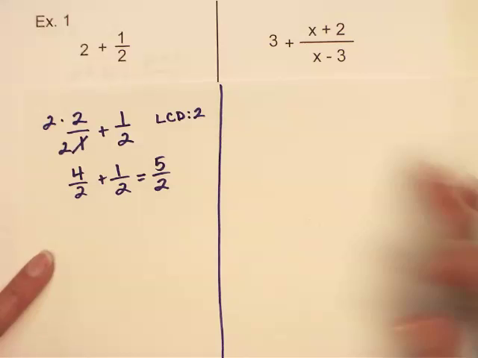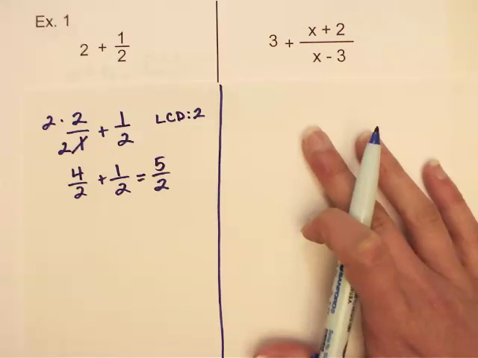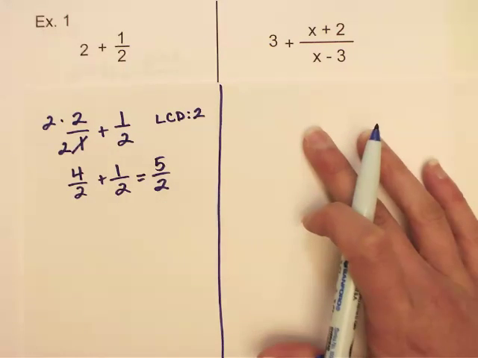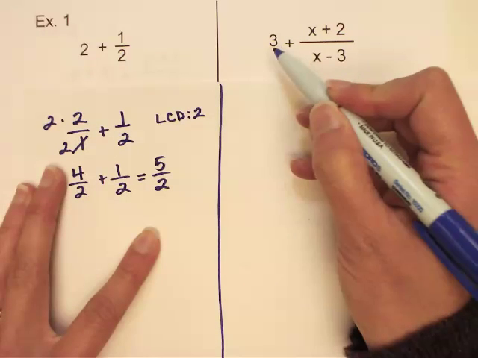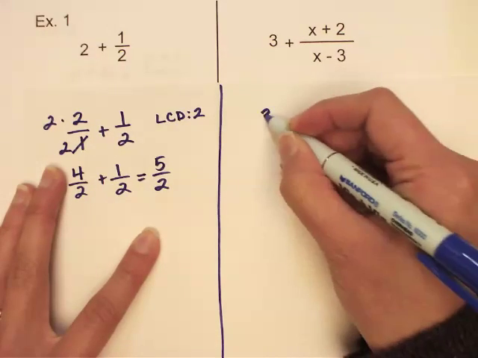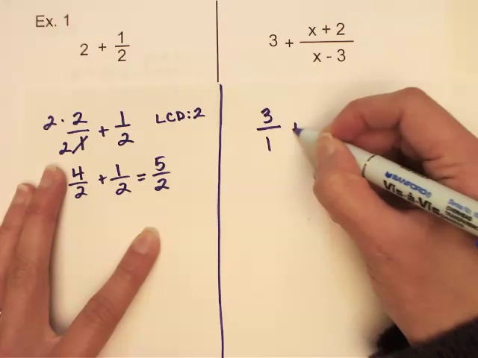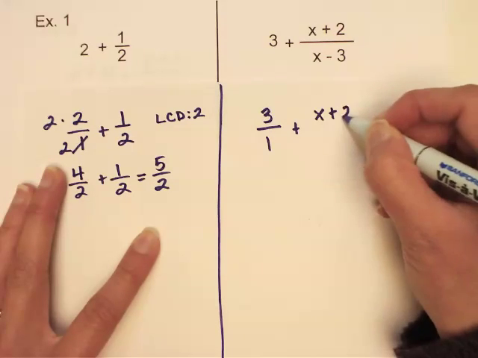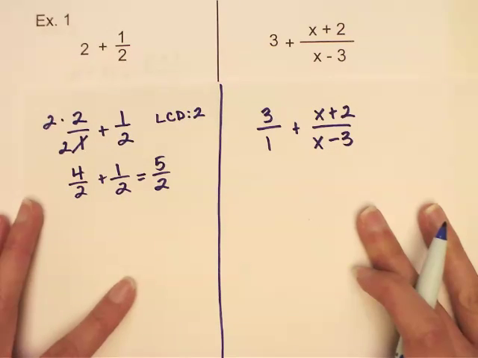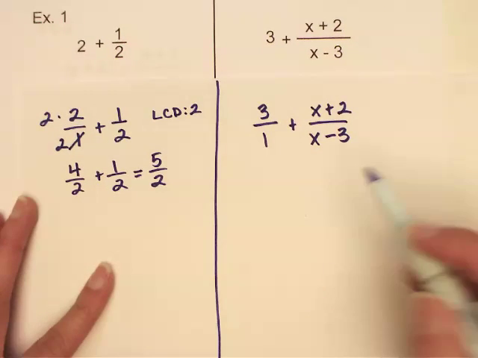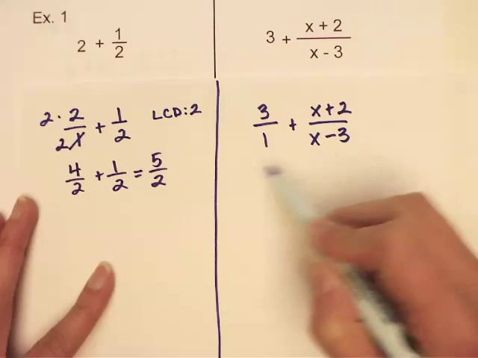Okay, so when we have 3 plus x plus 2 over x minus 3, we can go ahead and rewrite our monomial here as a fraction over 1. Okay. So now when we have this, we can't add them right away, right, because they have different denominators.